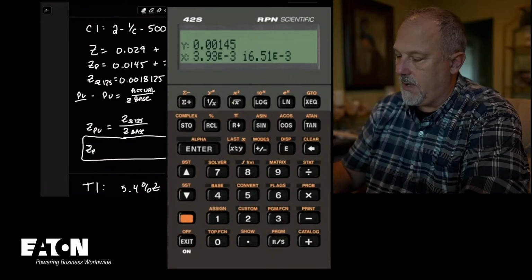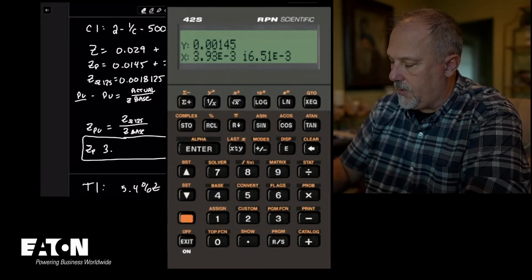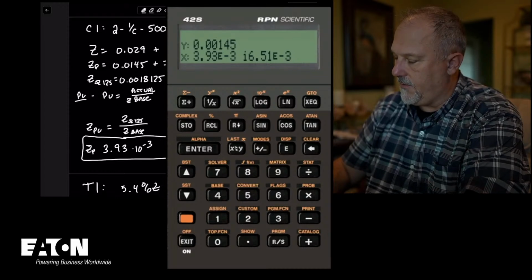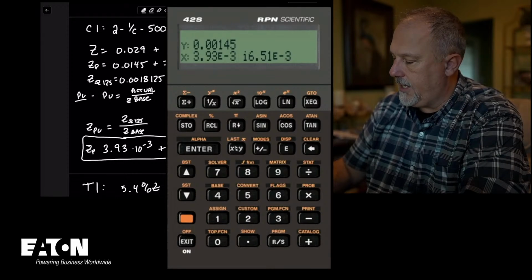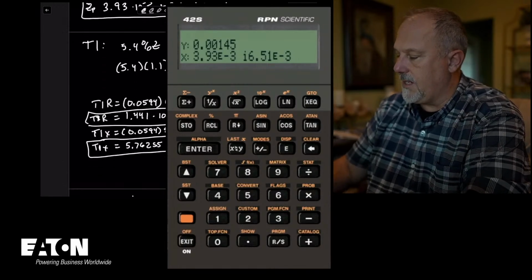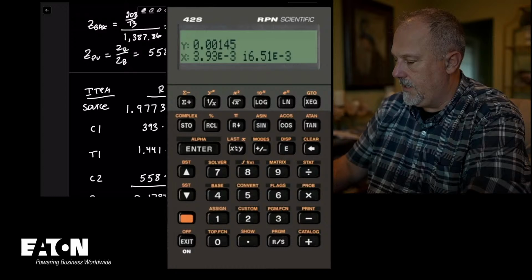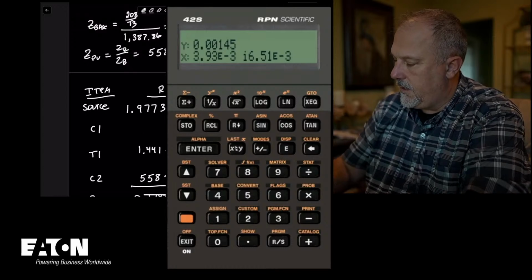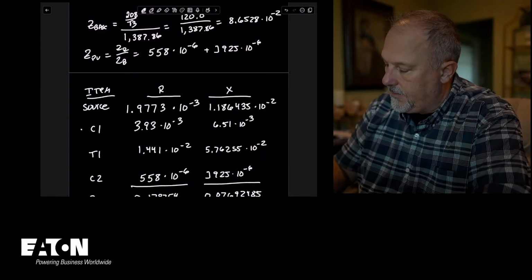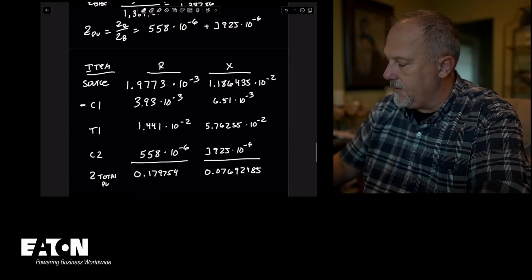That's my base. This should be 3.93 times 10 to the negative 3 plus j 6.51 times 10 to the negative 3. So I just added that back into my C1. So I fixed my C1 number.